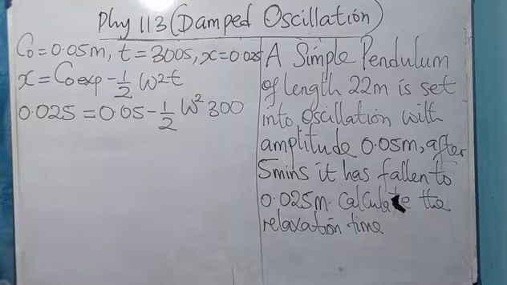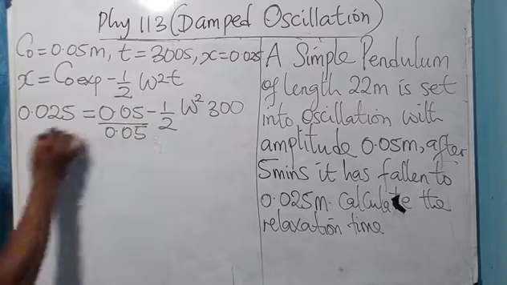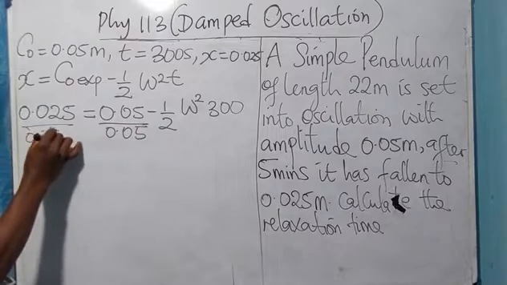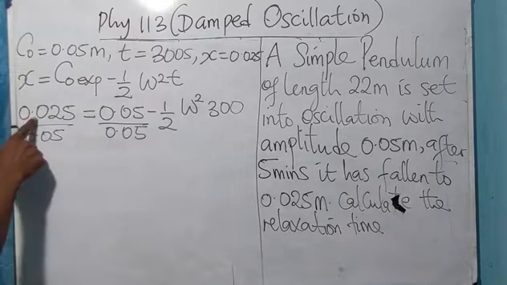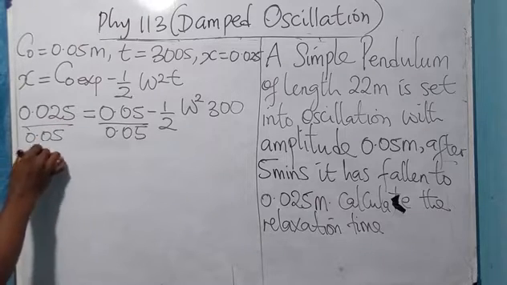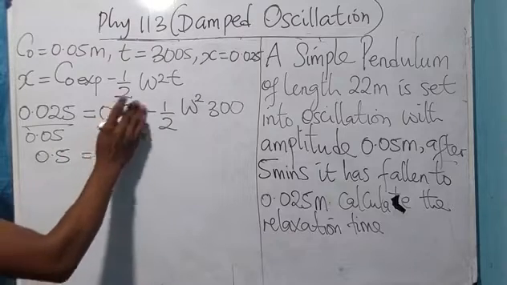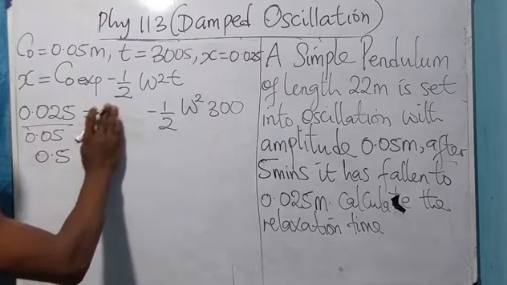The next thing you do is to divide by 0.05. 0.025 divided by 0.05 is 0.5. So this will go into this. Sorry, the exponent.